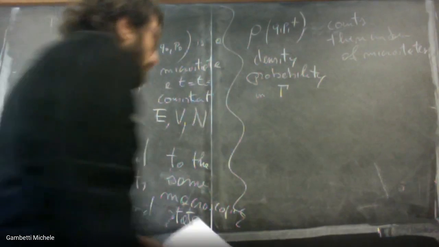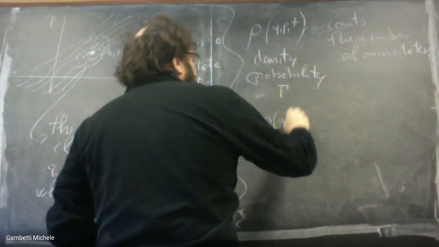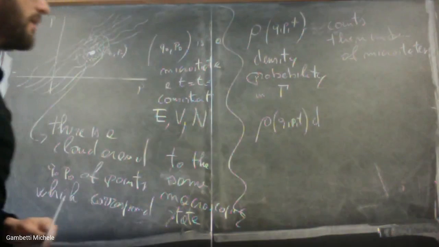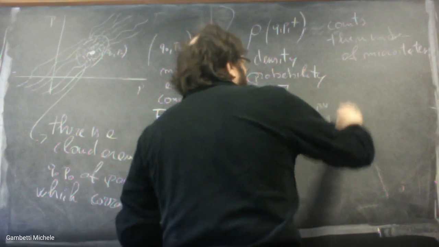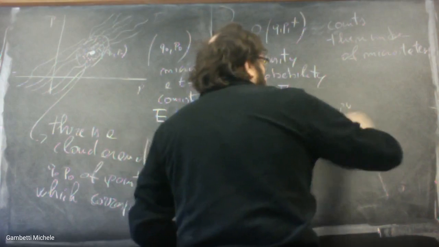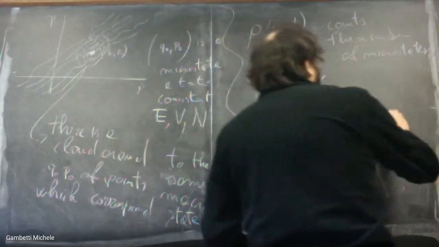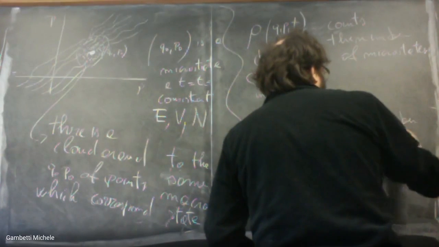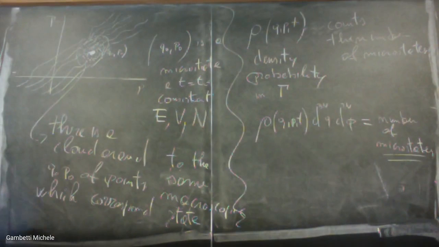So if I take rho of Q, P, and t times the infinitesimal phase space volume, d3N q and d3N p, this quantity provides the number of microstates which are compatible with my macroscopic system.